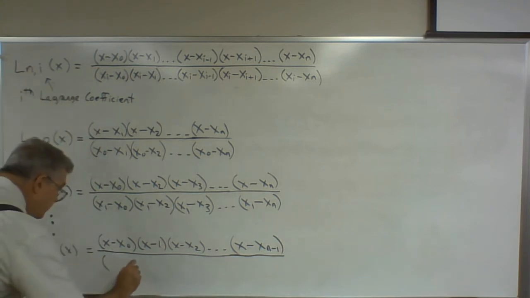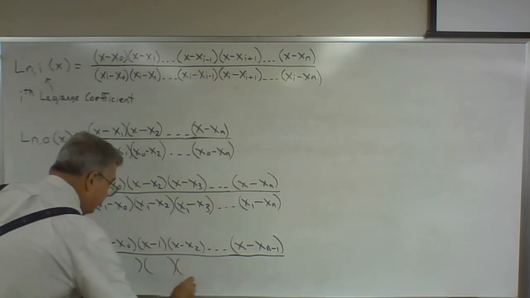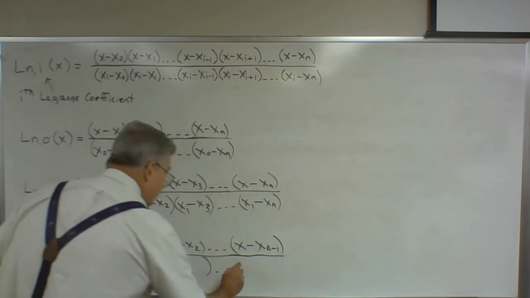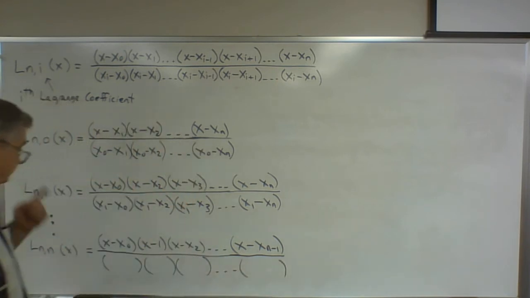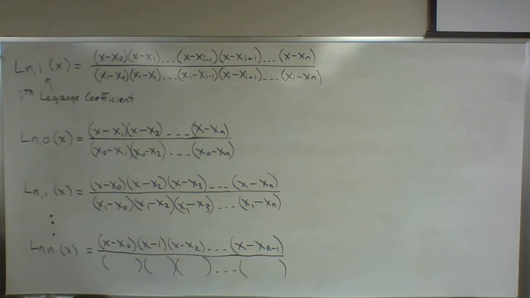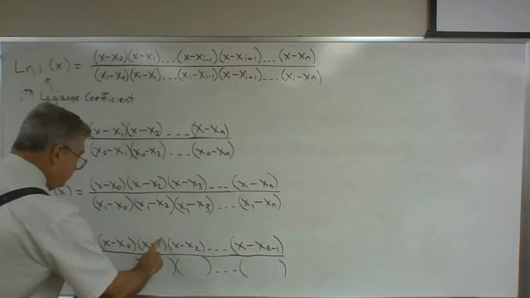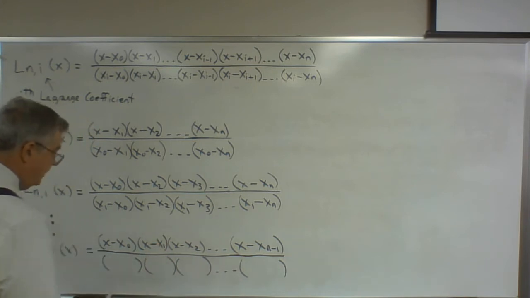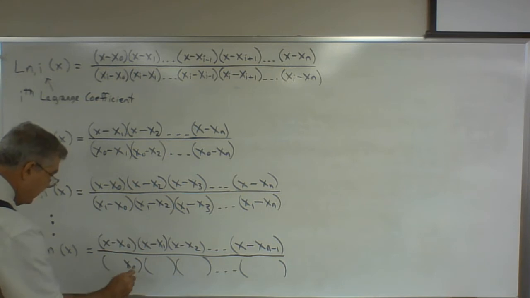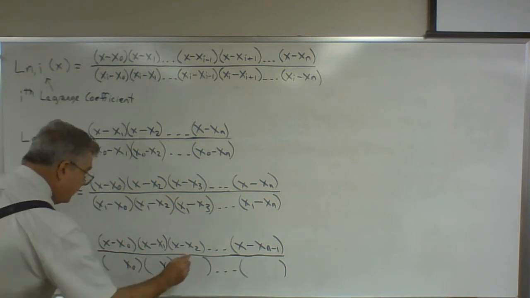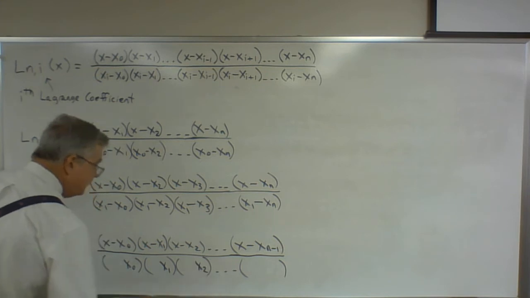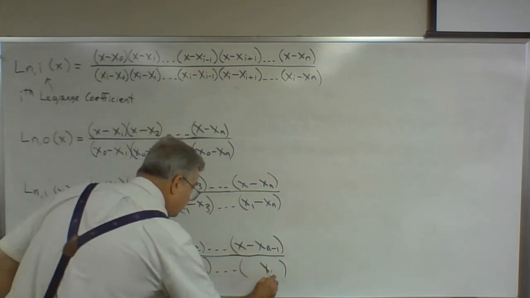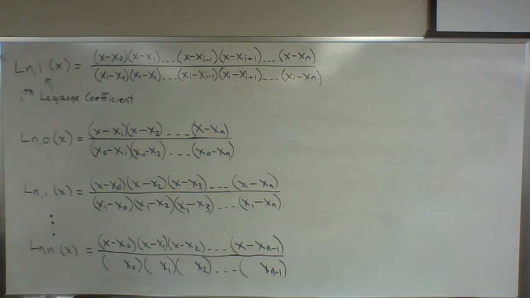And now we fill in the bottom. We remember that in each factor, top and bottom, the second term is the same. x0, x1 here, x0, x1, x2, x2, x of n minus 1 up top, x of n minus 1 on the bottom.